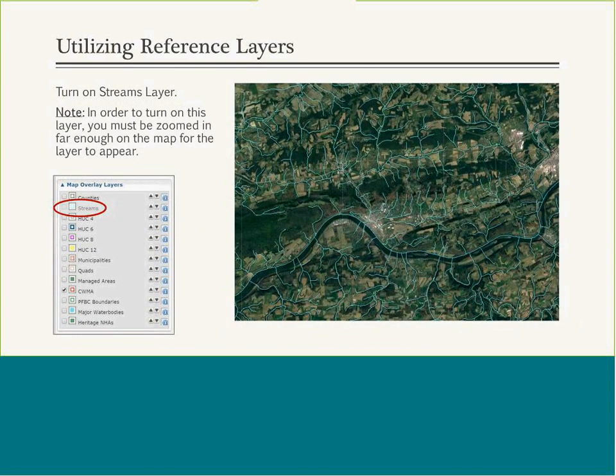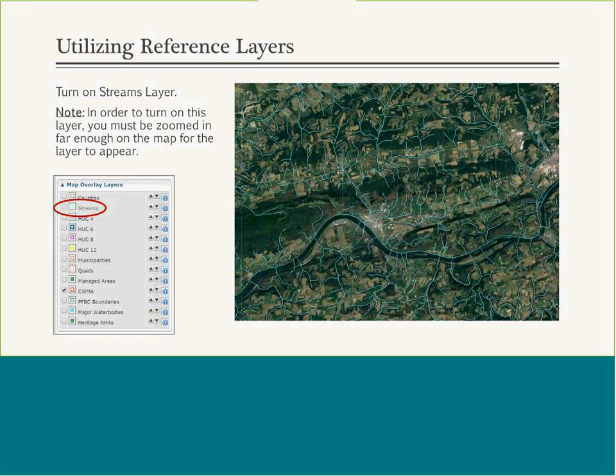Again, continuing on with the reference layers, this one is kind of important to mention, just because it's so detailed in nature: the streams layer. This is one that if you are zoomed out on the map where you're looking at the whole state, you'll be able to turn it on. And here, if you look closely in the map overlay layers section, the word streams is grayed out.